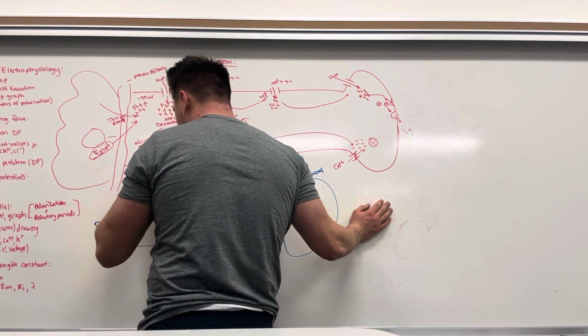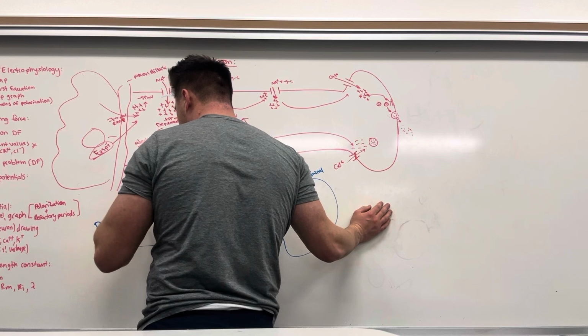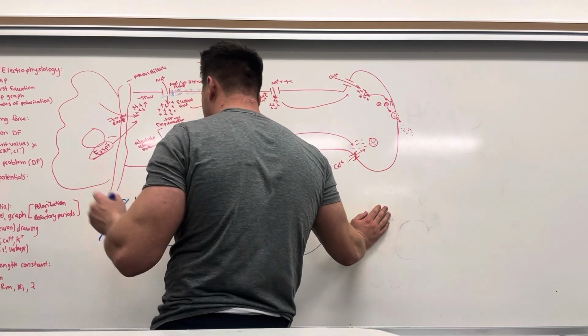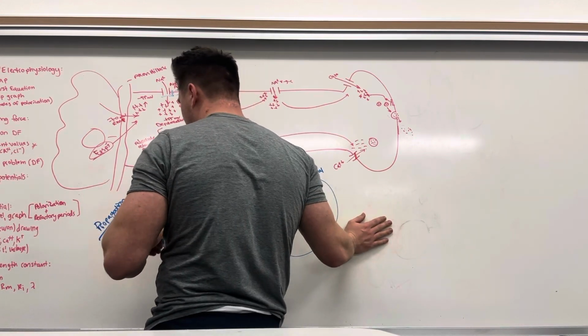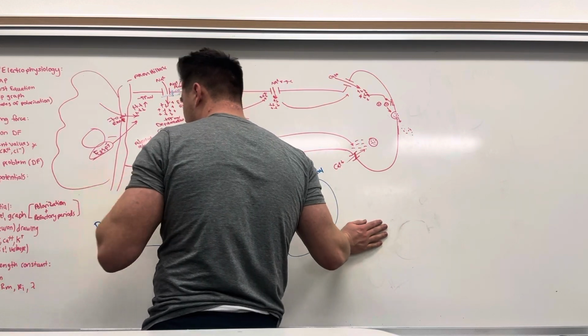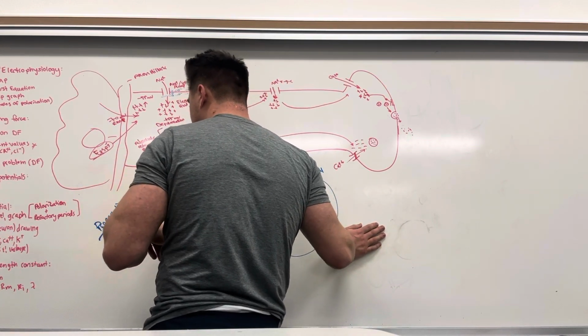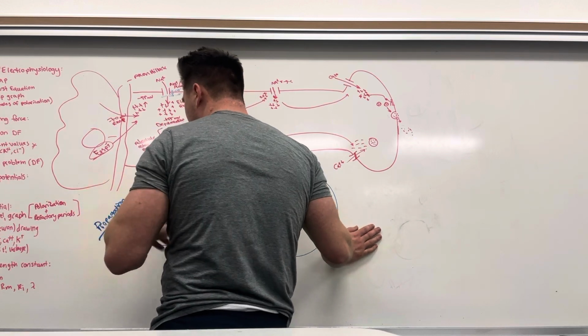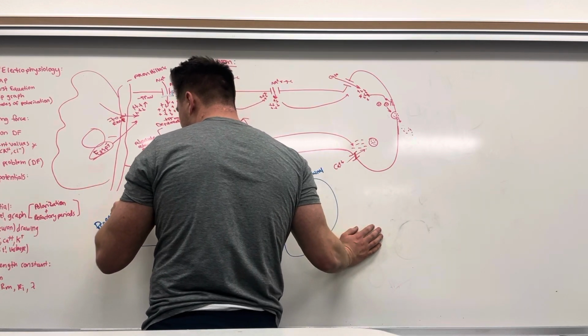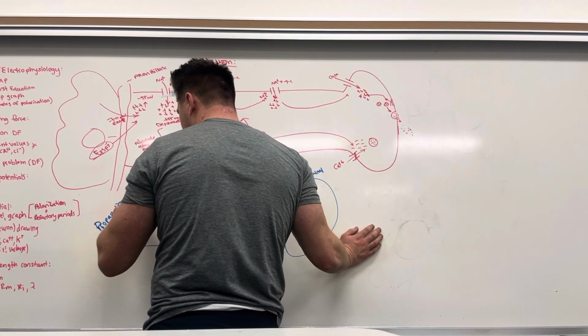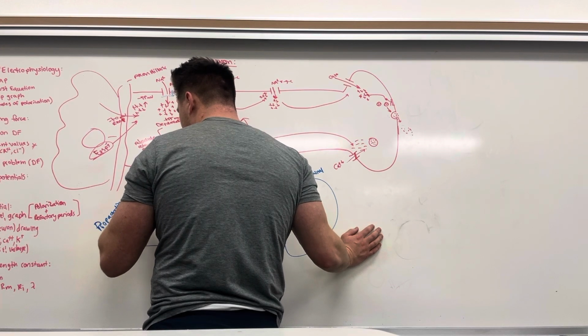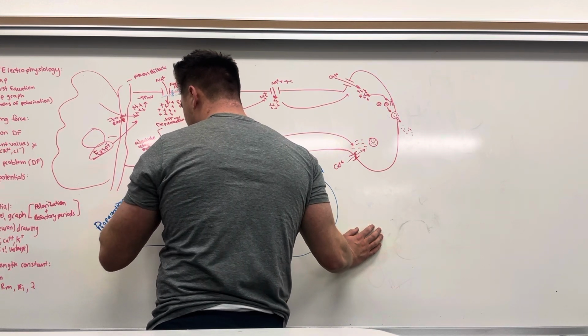Something comes in, hyperkalemia, or sodium, calcium or chloride comes in, or hypercalcemia. We can have all these factors that make the inside more positive, okay? And that's what happens, it becomes more positive.